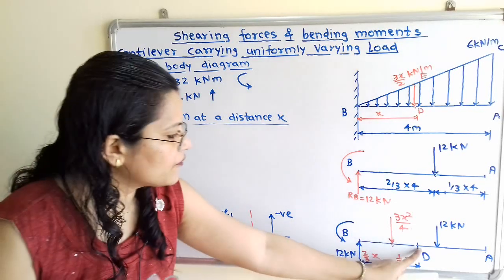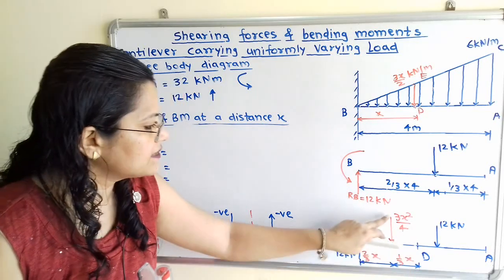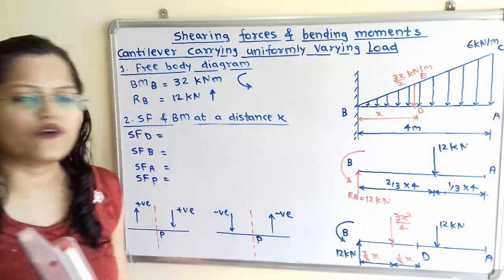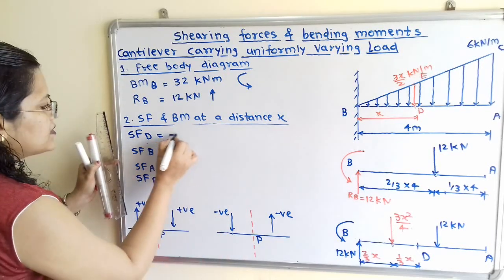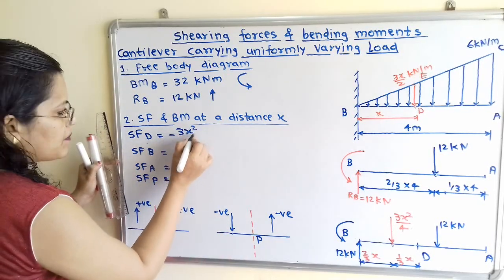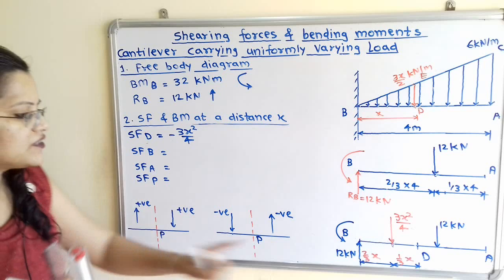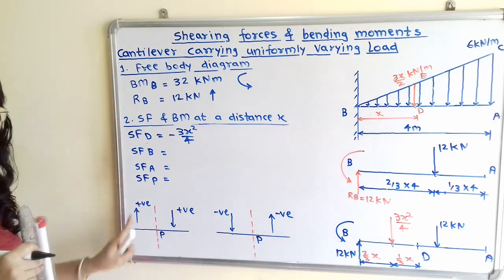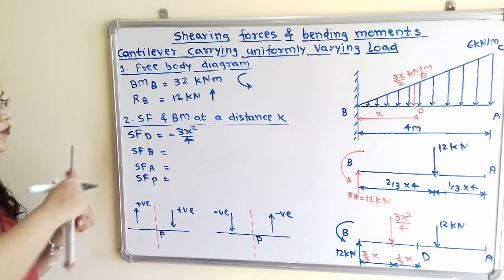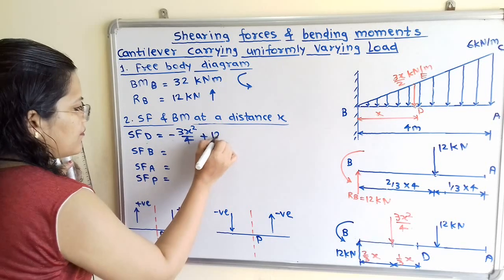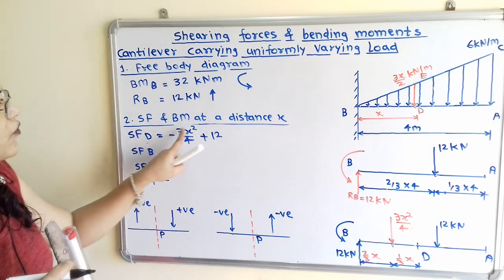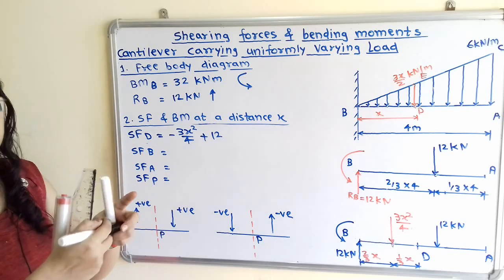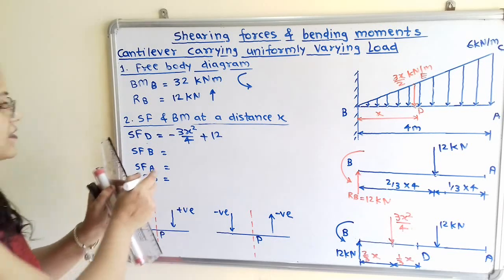So if we observe from this point D on the left hand side, this 3x square by 4 is in downward direction. So we will take here minus 3x square by 4. And this 12 kilonewton is in upward direction. So we have to take this positive sign. So plus 12. So this is the formula to calculate shear force at any distance x.